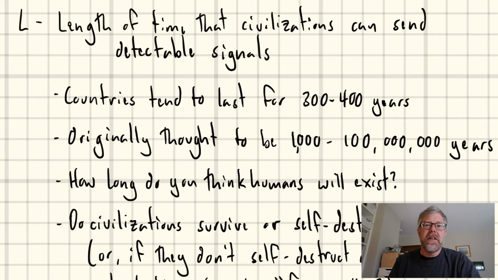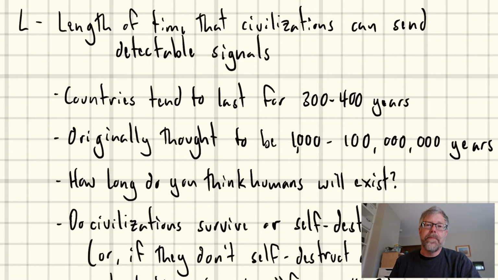Some people have done some estimations and shown that countries tend to last for about 300 to 400 years. Of the major countries that have existed over the last few millennia, they last about 300 to 400 years on average, and then they die off.